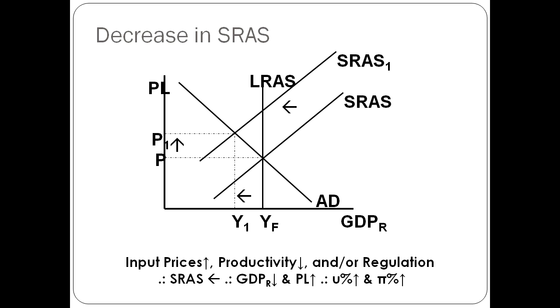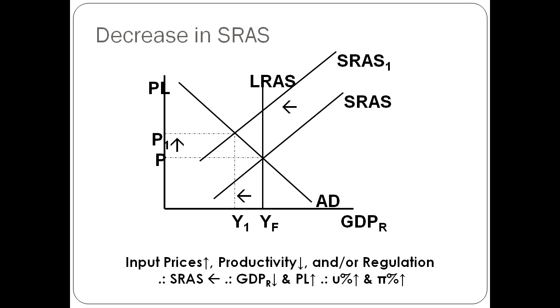So always remember that if you have this combination of unemployment going up and inflation going up, that is called stagflation. When you have a decrease in short-run aggregate supply, if you're at full employment output and this decrease shifts the curve to the left, that is given a name as well. That is called a supply shock, because we are decreasing supply in a somewhat dramatic fashion here.